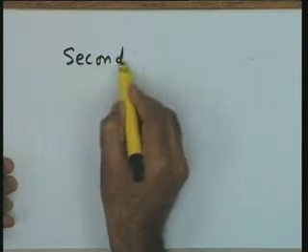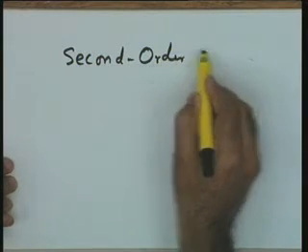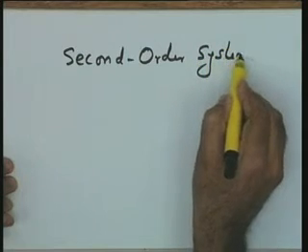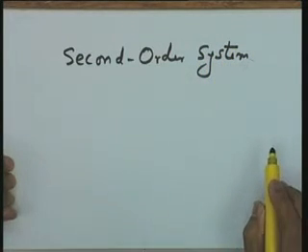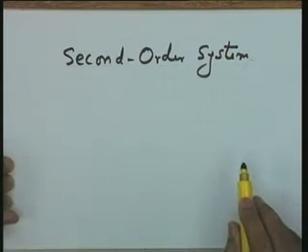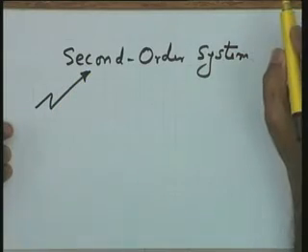Similarly, I would like to take up a second order system and find out the minimum information which describes or characterizes the total personality of a second order system. For you to focus attention on the discussion of second order systems, I would like to mention that all the higher order systems, maybe 4th order, 5th order or even 10th order, as you will see later in our total design exercise, are appropriately approximated by a second order system.